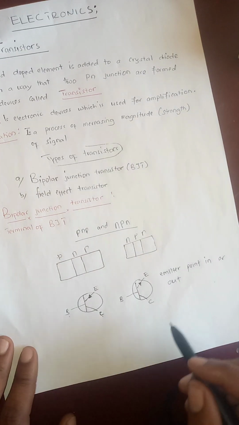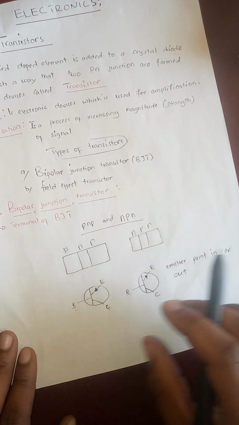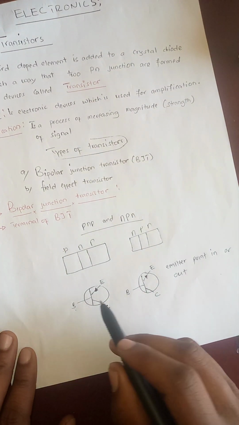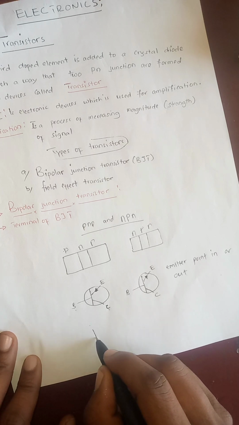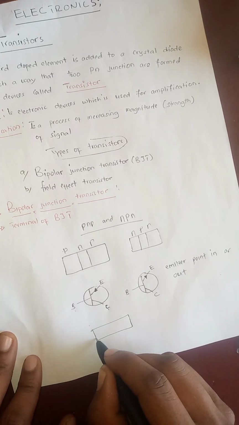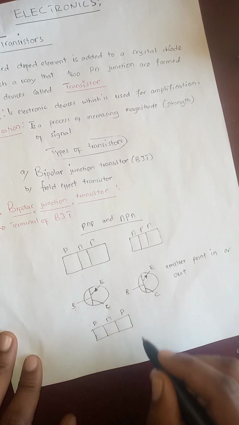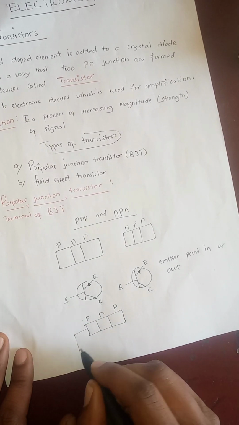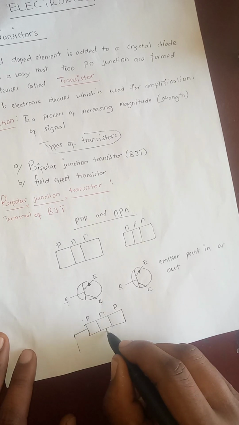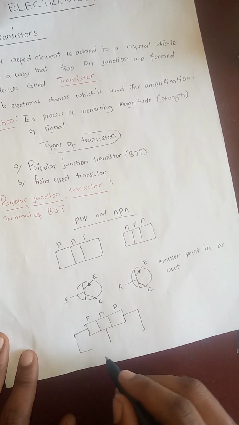Another issue is that we can also draw the full diagram of the PNP or NPN. For example, this is PNP. Now, in this PNP, we can put the supplies.